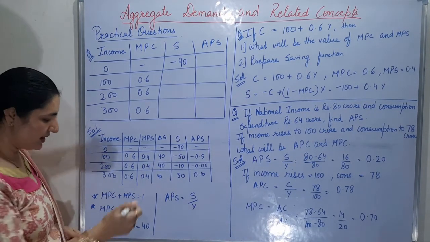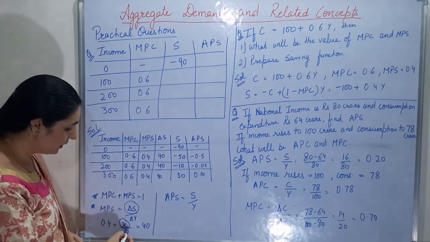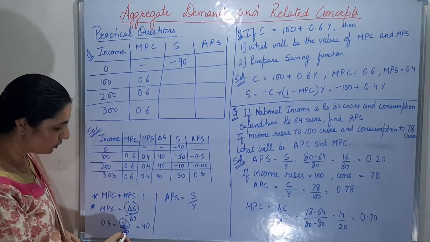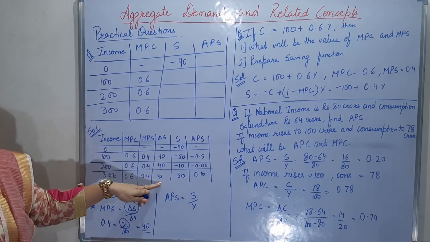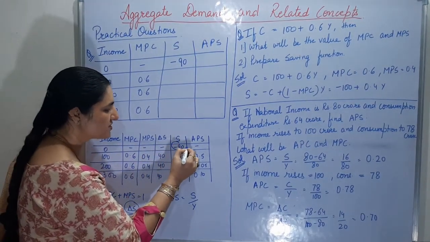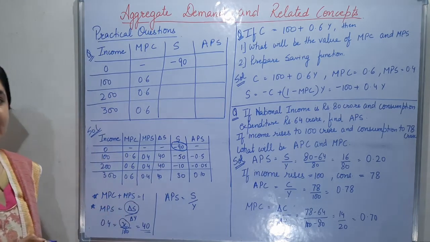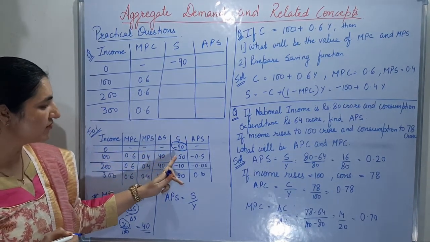Taking change in saving as X, let us apply the values in the formula. We will get 40, which is change in saving. Now the first value of saving is given to us, that is minus 90, and we will implement this change in saving in this.